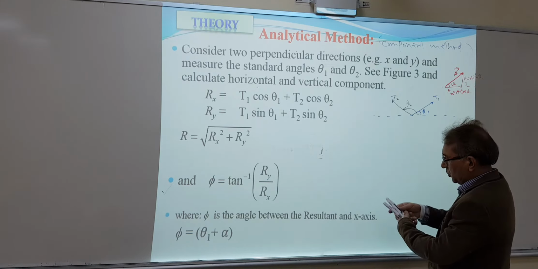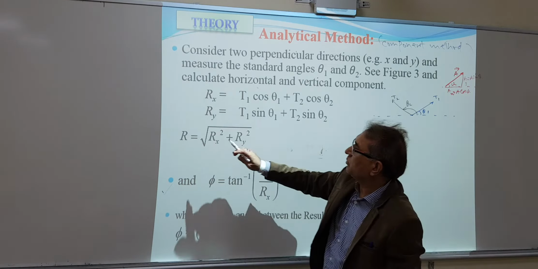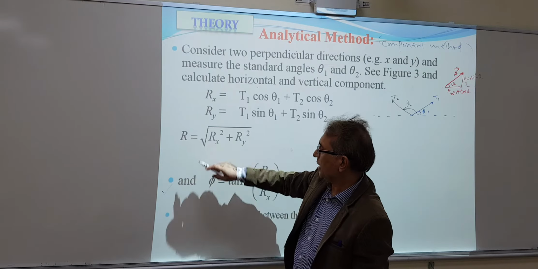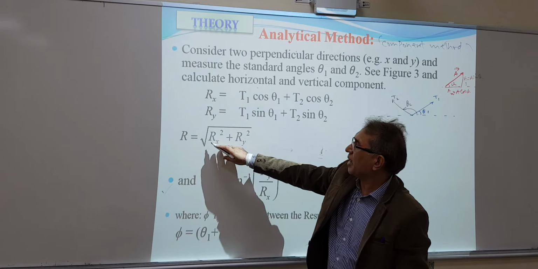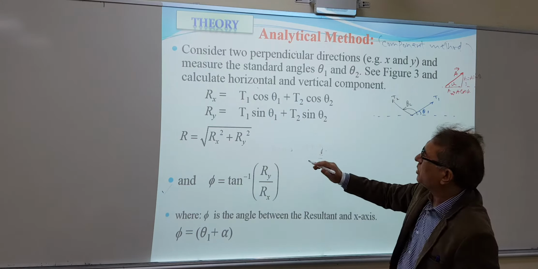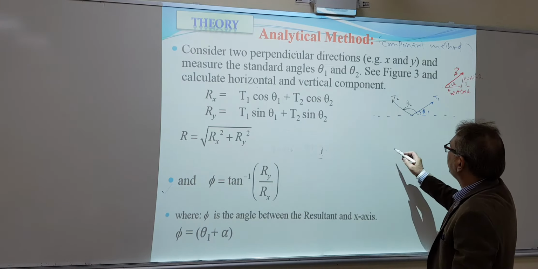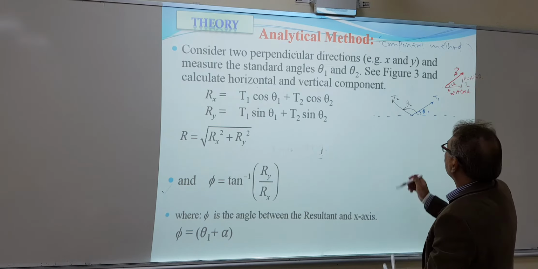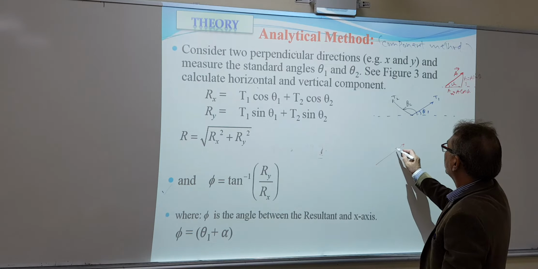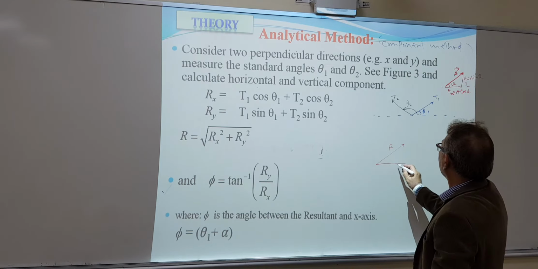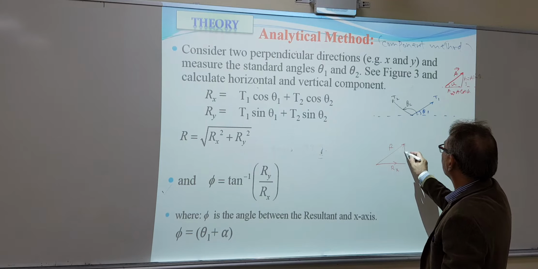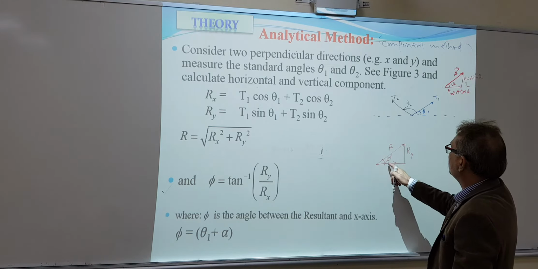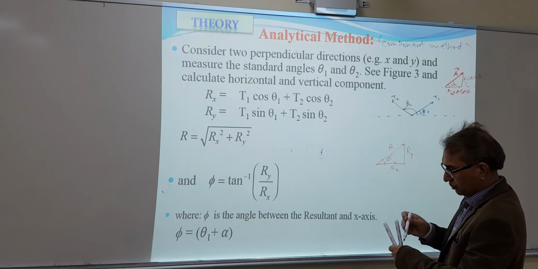With these we are going to find the resultant magnitude and its direction. For example, if you have the resultant vector here, this is the x component of the resultant, this is the y component of the resultant, and I give it a different name, not theta, phi.